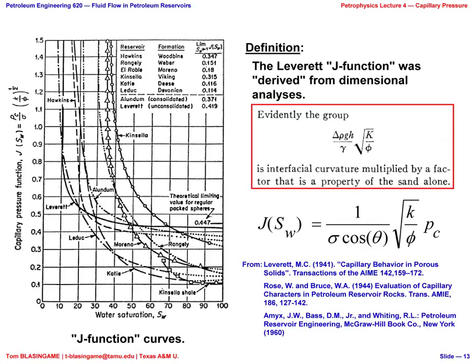We're going to have an equation that has displacement pressure, irreducible saturation, and some kind of a term that represents the character of the curvature, right? If we were designing something to do this, this is what we would set out and do. Now, it gets a little complicated, but we're going to do that in a minute.